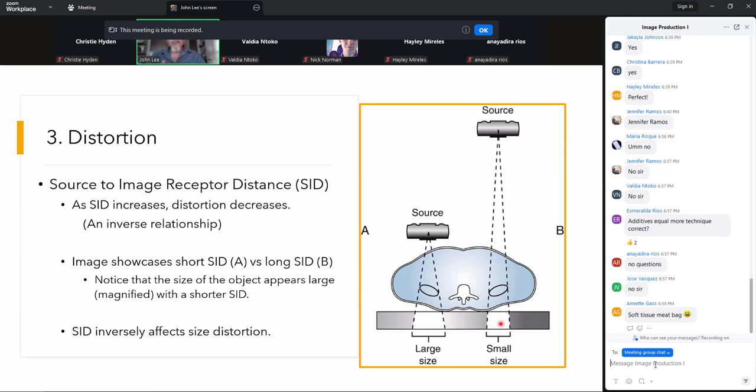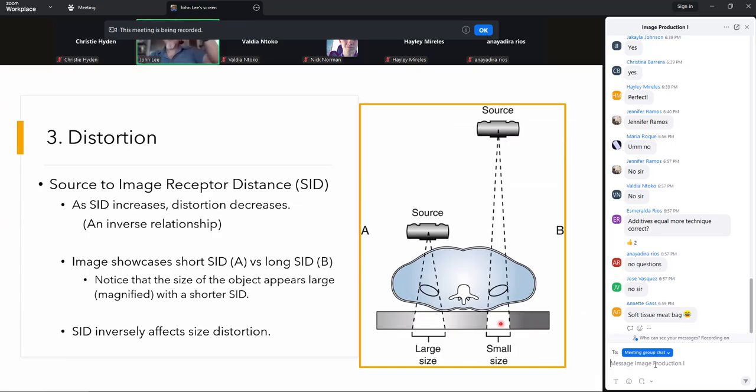Lateral sternum is done at 72 inches because it sits in the middle of the chest and we have a tremendous amount of OID. If we used 40-inch SID for a lateral sternum, yes, we would get a decent image of the sternum. But because of that OID, it's going to be magnified and we'll have to use a larger field.